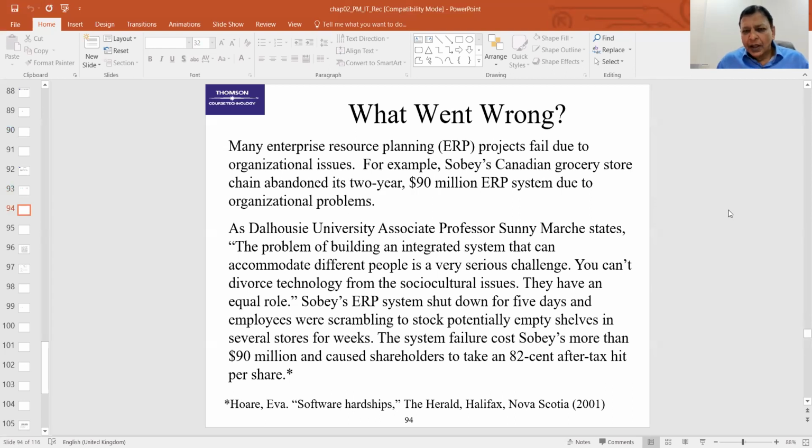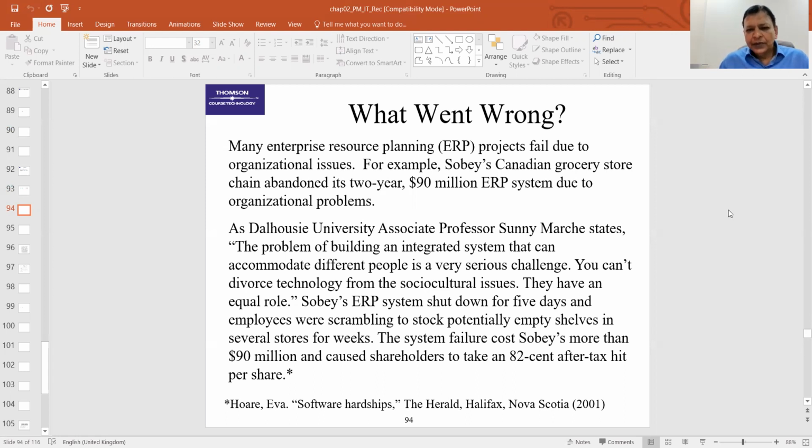There is Sobeys, a Canadian grocery store with a chain throughout Canada. They started an ERP system and it failed, costing Sobeys almost $90 million in loss.